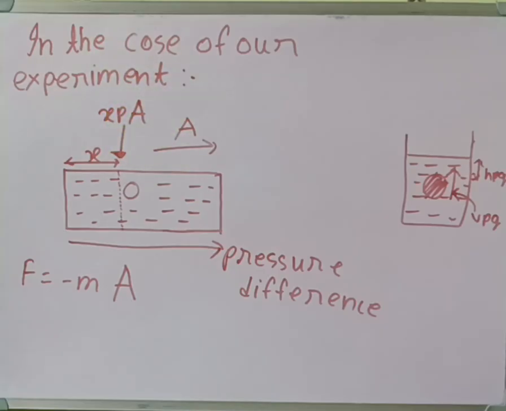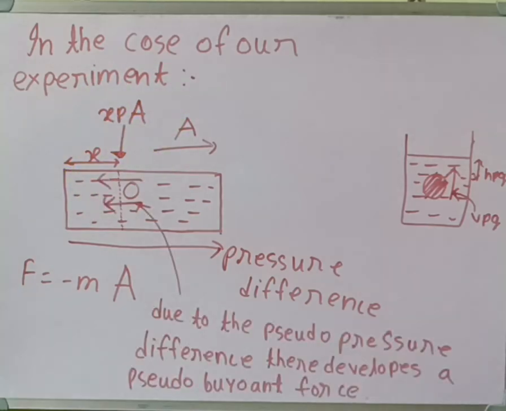And why a? Why not g? Because in the previous case our acceleration was gravitational acceleration, so we had to write g. But in this case our acceleration is a pseudo acceleration, capital A, so I have to write capital A. That means the pressure at any distance x from the starting point will be x into rho into capital A.